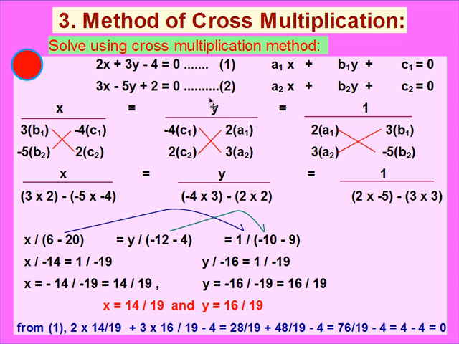So now the formula says x upon b1 b2 c1 c2, y upon c1 c2, this a gets repeated, a1 a2, equal to sign, 1 upon a1 a2 into b1 b2. Please remember what I am writing.